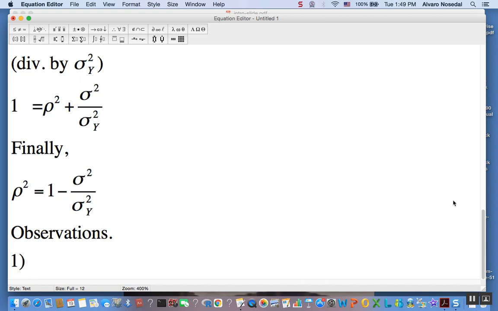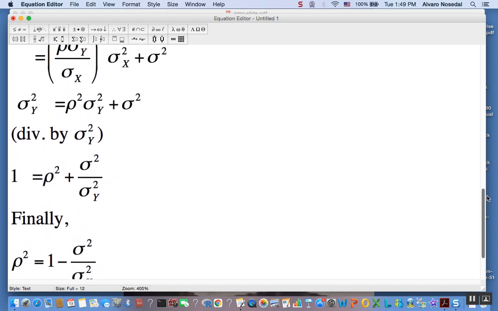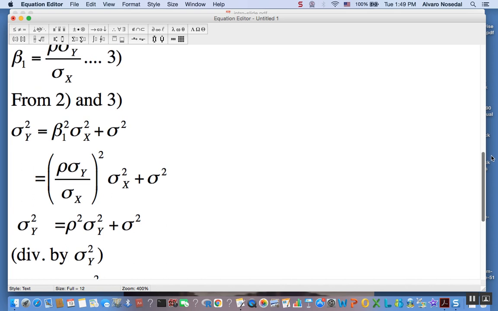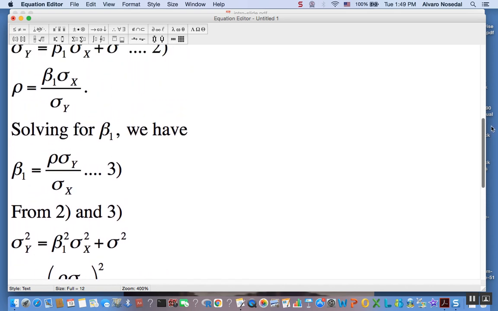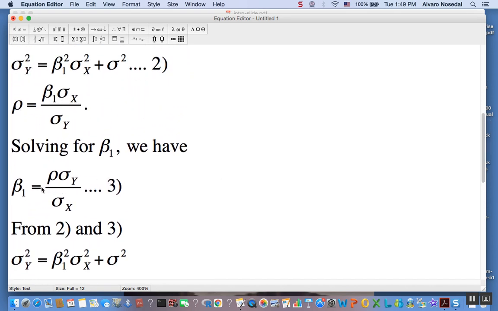Note, from what we did before, if rho is 0, then beta 1 is going to be 0.